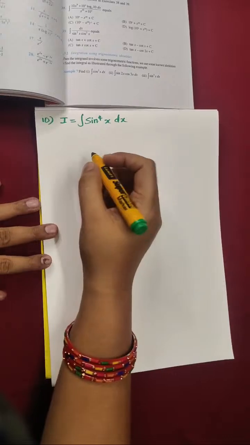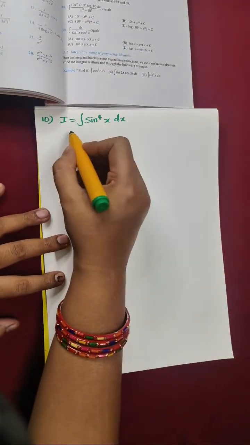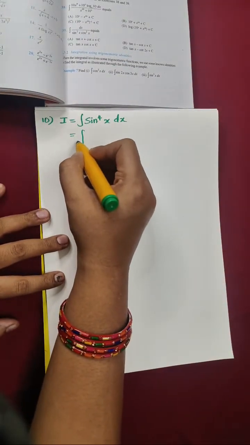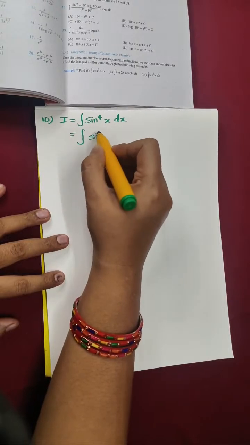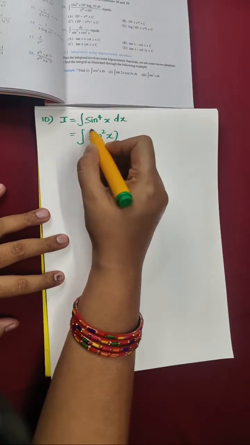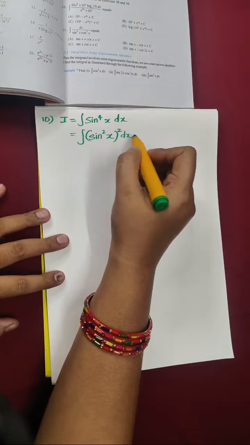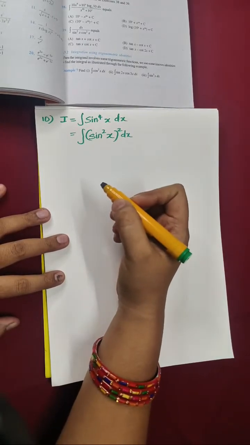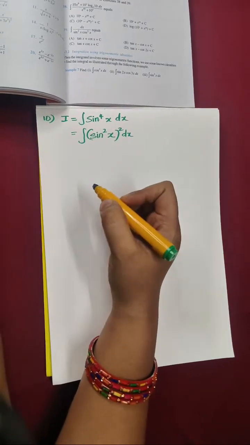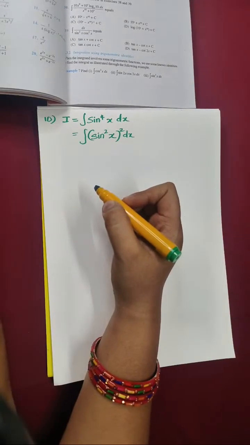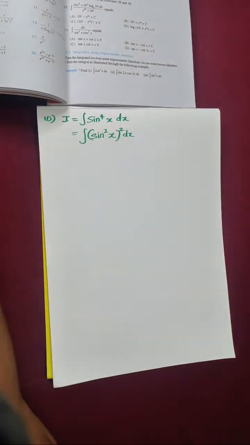So, can we write this sine power 4x as sine square x the whole square? Yes. Yesterday, in the last class, we discussed certain formulas, right?